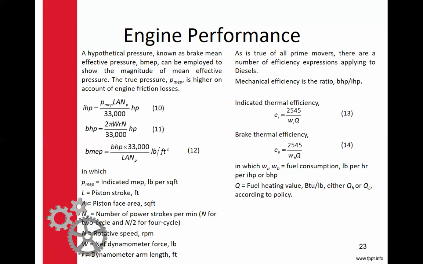N is equal to N for 2 cycle and N over 2 for 4 cycle. Check, tandaan nyo to. Pag 4 cycles, hatiin nyo yung N, magiging N over 2. N is the rotative speed. W is the net dynamometer force, pounds. R is dynamometer arm length, feet.